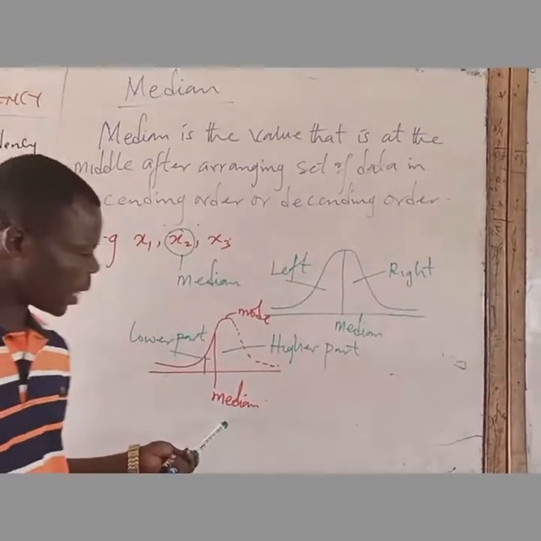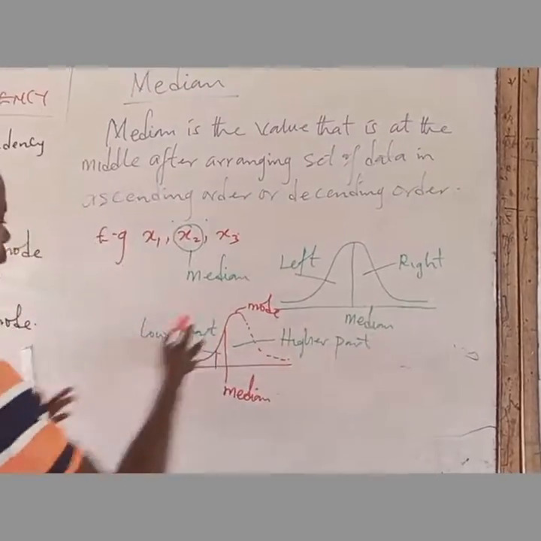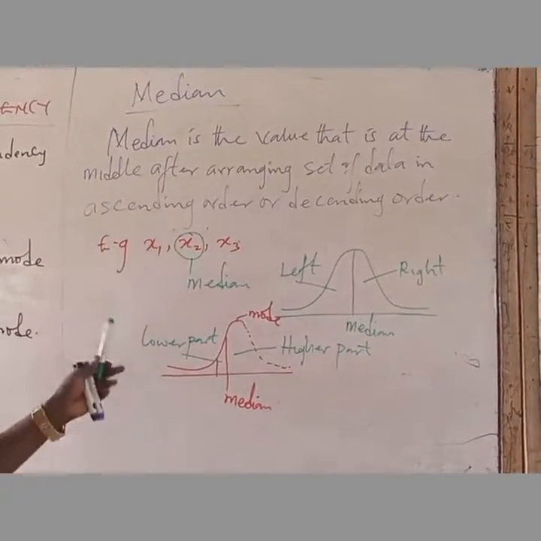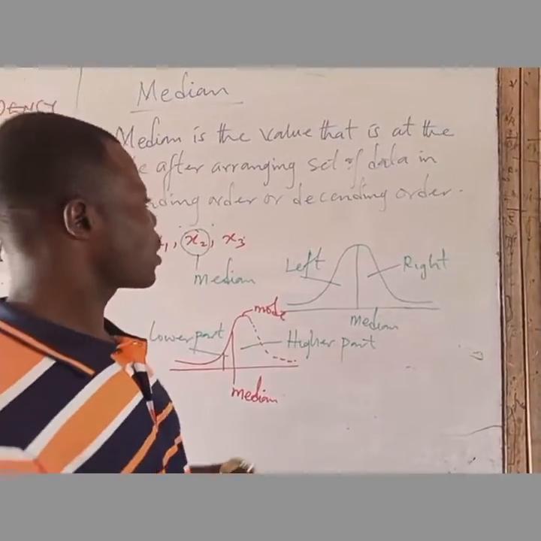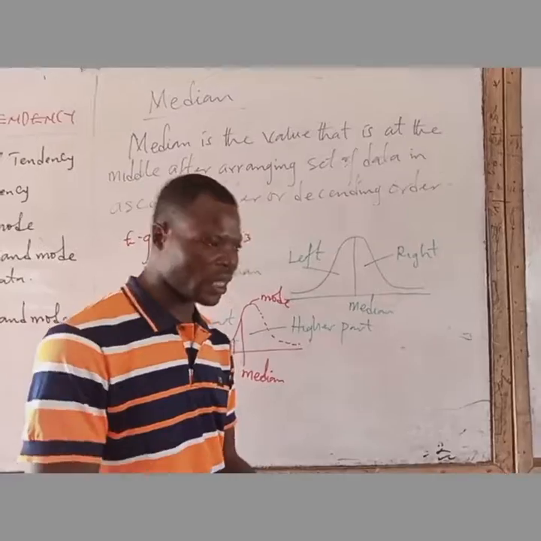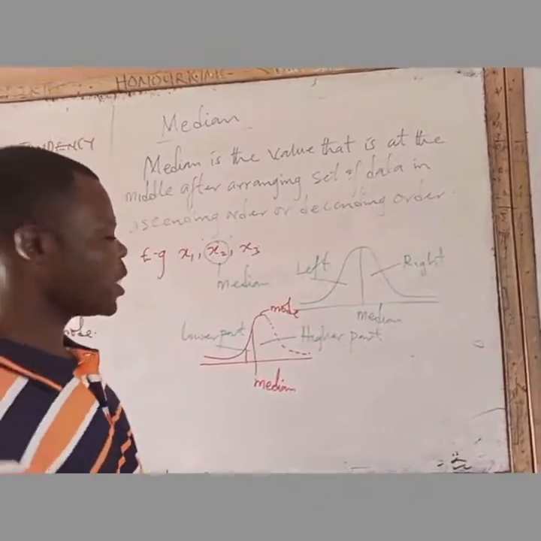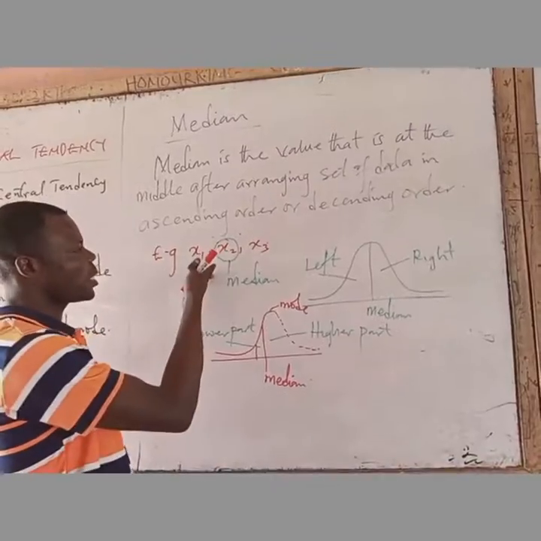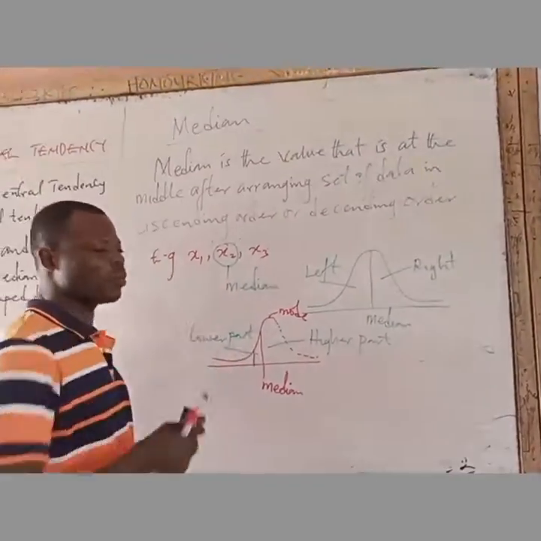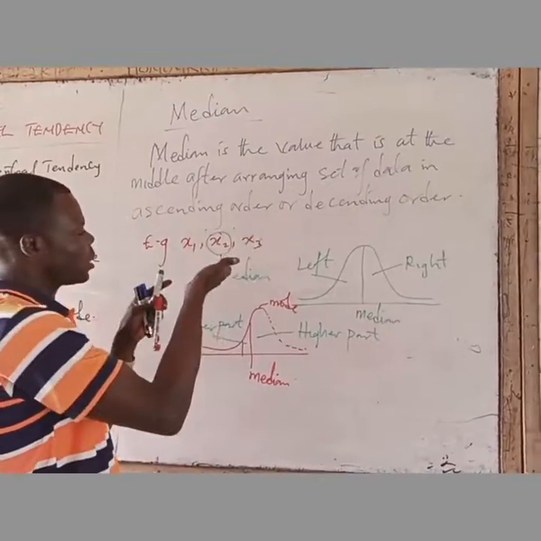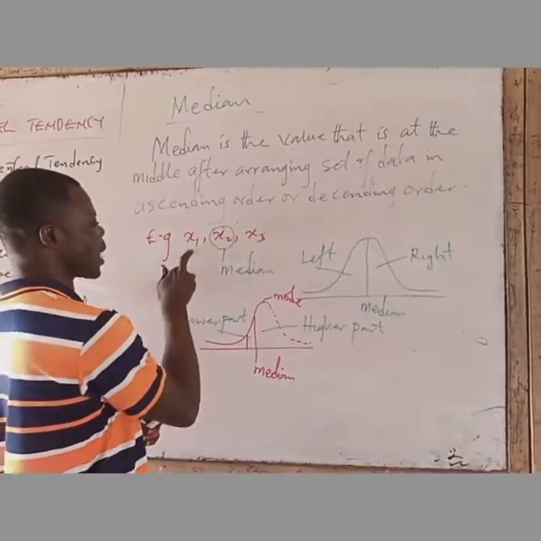So this median divides the higher part from the lower part. This is what we mean by median. So median can also be calculated when the data given is grouped. Here, when the data is ungrouped, we can use this method by arranging in ascending or descending order. We easily pick the value.